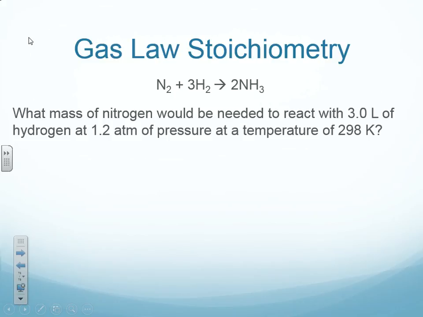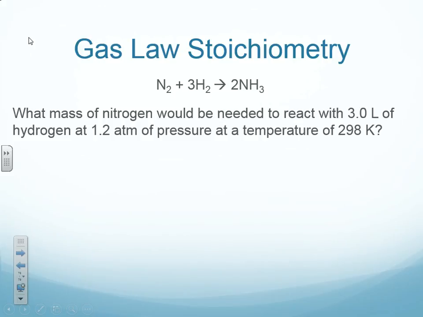So in this situation, you are given the pressure and the volume and the temperature that it occurs at. Okay, so in the previous equation, you already knew that 22.4 liters equals 1 mole at standard temperature and pressure.